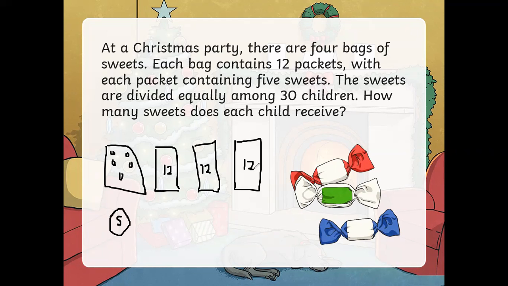Okay, so first we need to find out how many sweets there are in total. So we know that there are 4 bags, and there are 12 packets in each bag, and in each packet there are 5 sweets. So first we find the total number of packets by going 4 times 12, and that gives us 48, we know that.